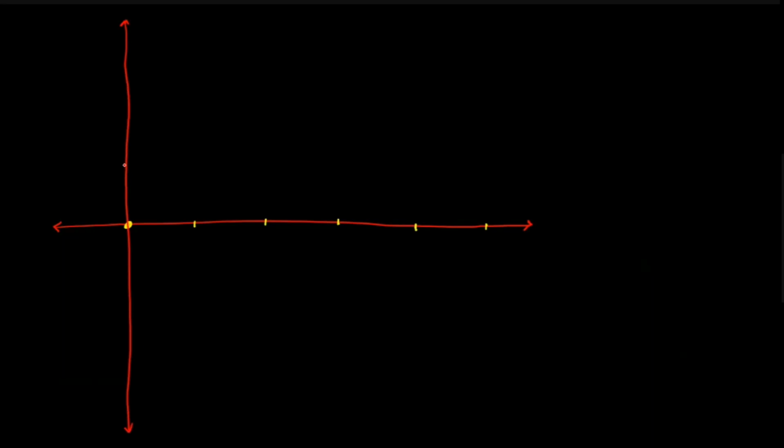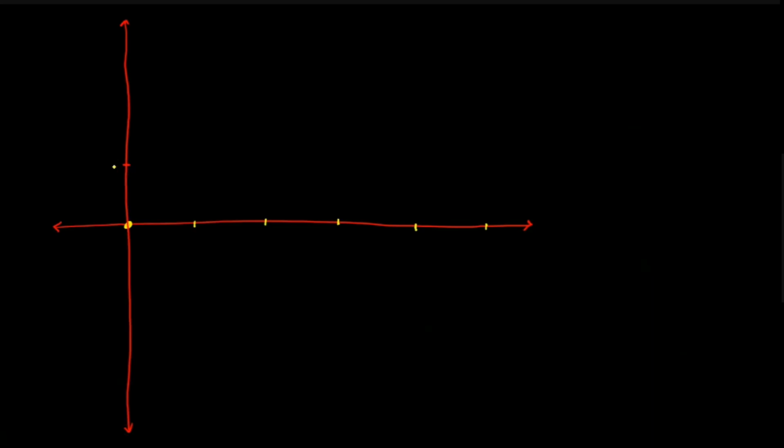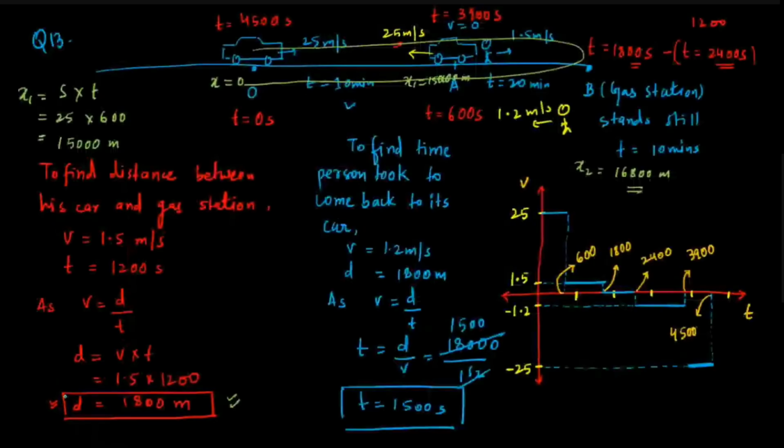So 5,000, another 5,000, that is 10,000, then 15,000, negative 5,000, negative 10,000, negative 15,000. Although it will not go in this particular quadrant. It will stay at the top only, in the first quadrant. All right. Now we have the time and the position both.